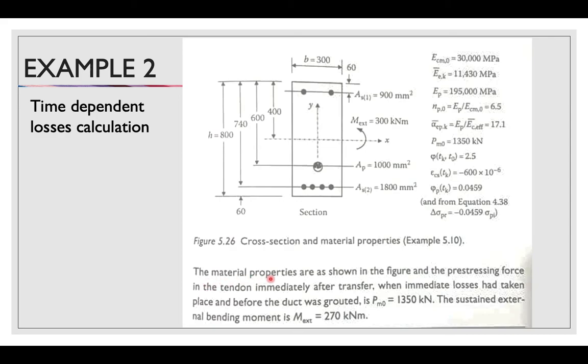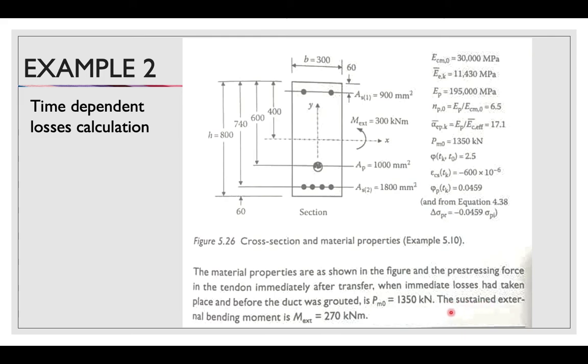The material properties are as shown in the figure, and the pre-stressing force in the tendon immediately after transfer, when immediate losses had taken place and before the duct was dropped, is P_m0 equals 1350 kilonewton. So this is the force immediately after transfer.